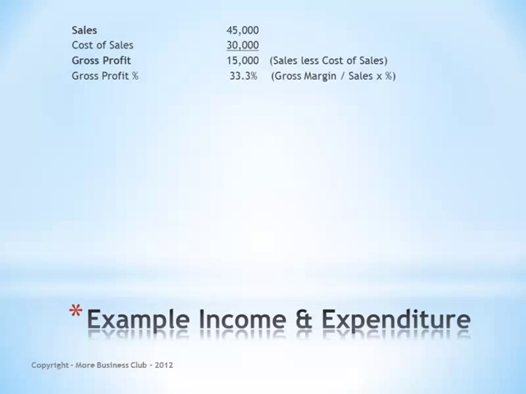Now, gross profit can be affected by a number of items, and this is where having a close eye on what's happening is really important to manage the bottom line profit in your business. For example, if you expect to make 33% because you've bought something and you've marked it up in order to make that margin, that's fine in theory.